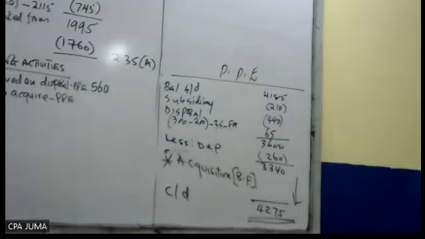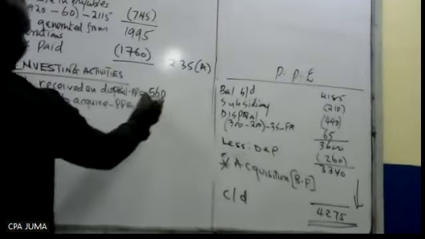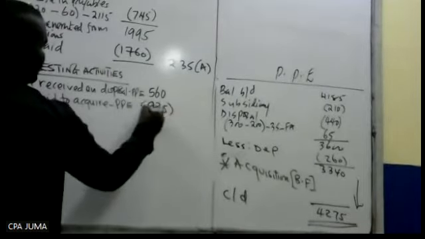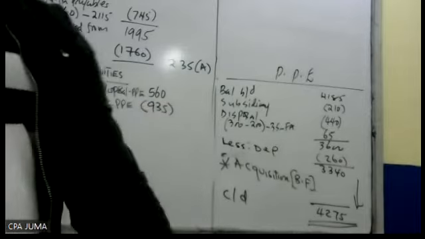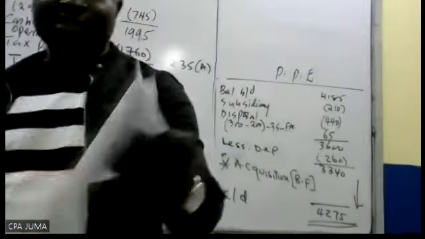Yes, so Emma said there 935. You subtract, that is cash outflow. Go to the next item under non-current assets.